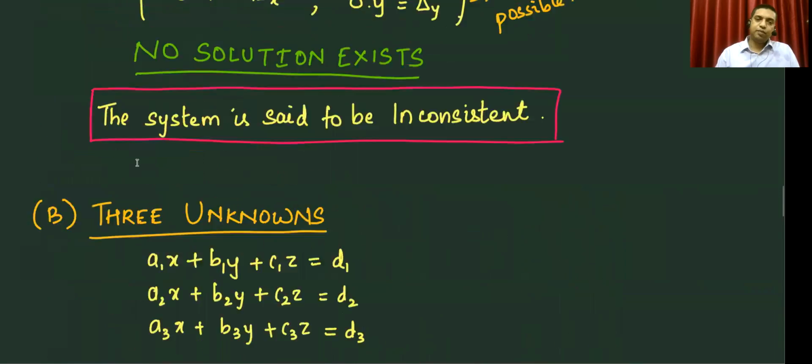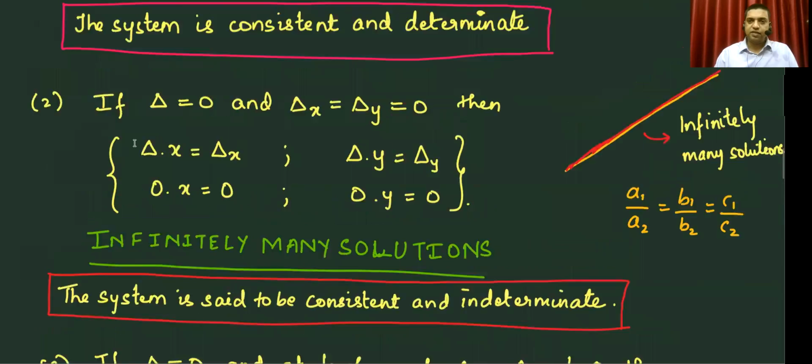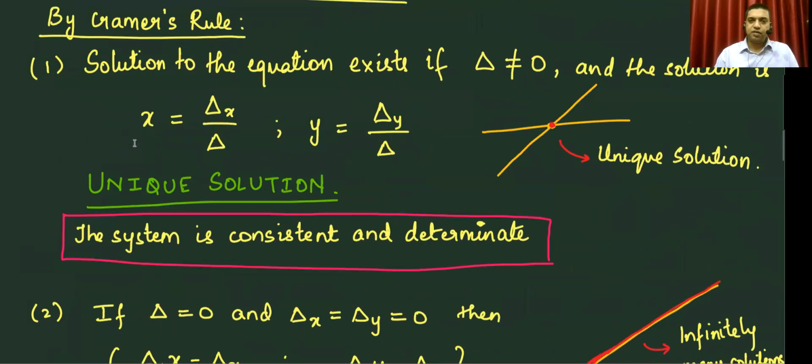Now, just like we discussed for the 2 unknowns case, when the solution is consistent and determinate, that is, you have a unique solution, it represents 2 straight lines that are non-parallel, which are intersecting.